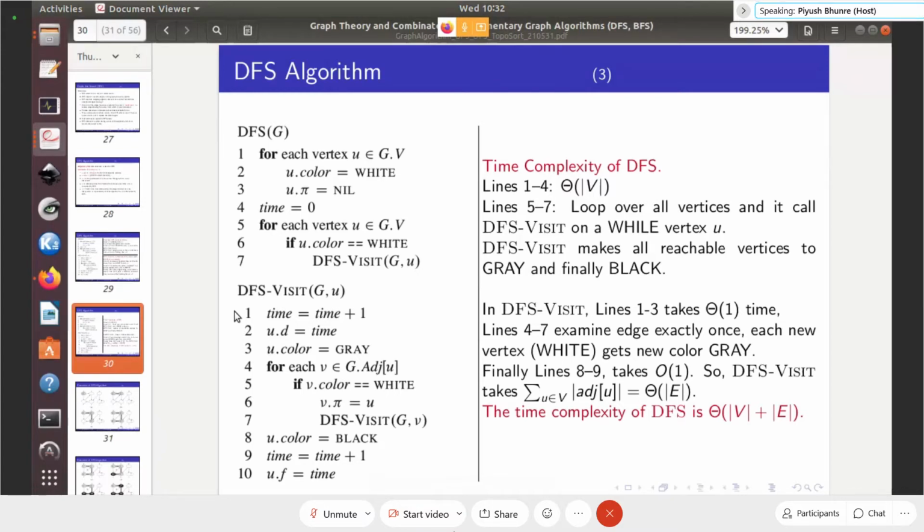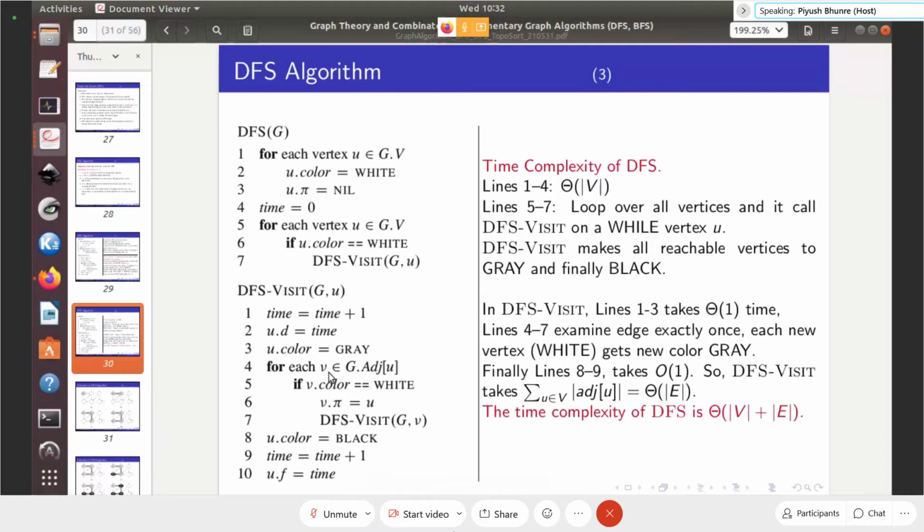Okay, so here you see that there is a recursive call over here. That means you have to maintain a stack. So initially the stack is empty, and your actual execution starts at line number 3, for the recursive part.